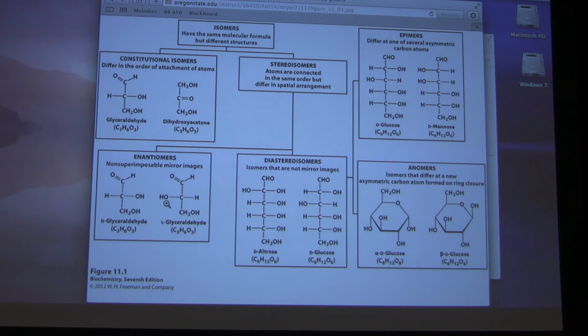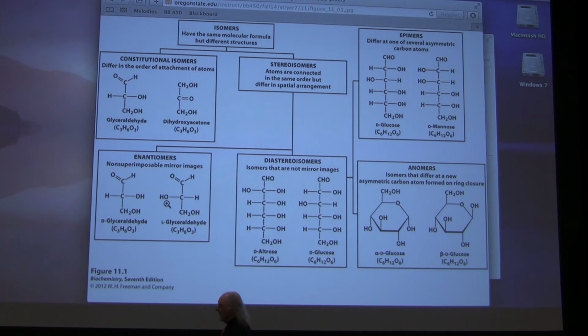Okay? So stereoisomers in saccharides, as we will see, can exist in multiple forms. So, for example, if we have 2 things that are stereoisomers of each other, and those 2 things are mirror images of each other, we refer to them as enantiomers.